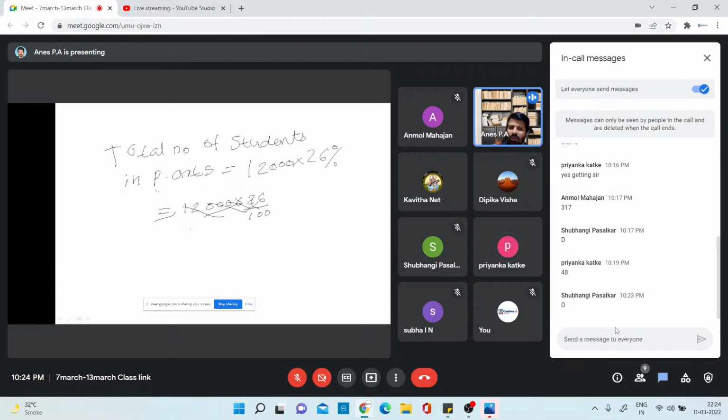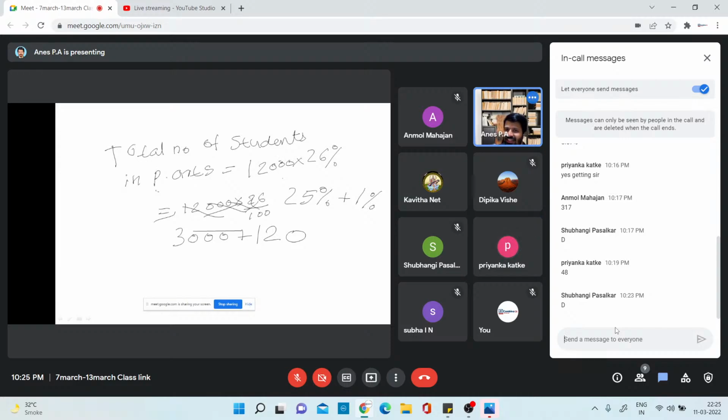So first find out the 25 percentage. 25 percentage is 3,000. Then 1%. I just take it as 25 percentage plus 1% to do this calculation easily. So 25 percentage of 12,000 is 3,000 and 1% of 12,000 is 120.